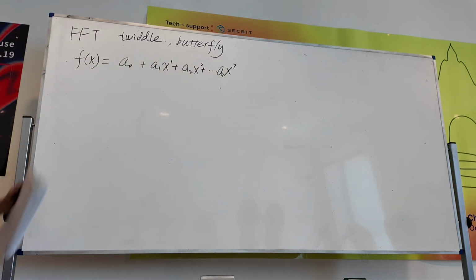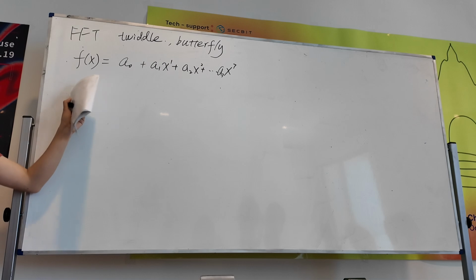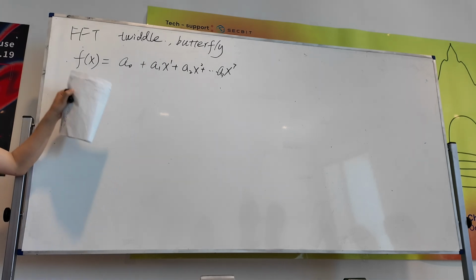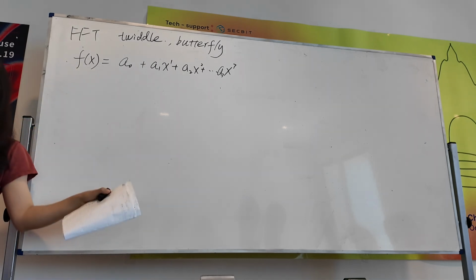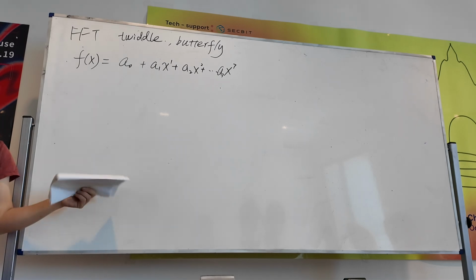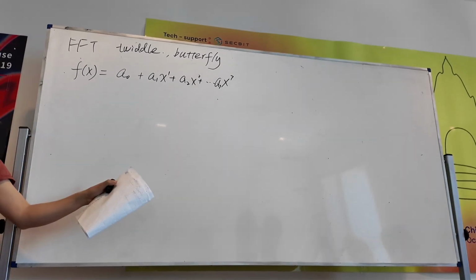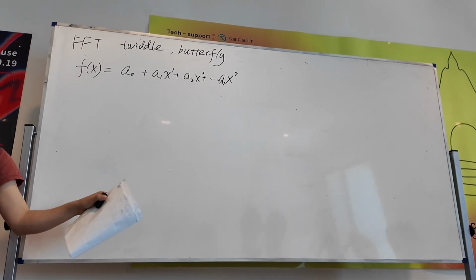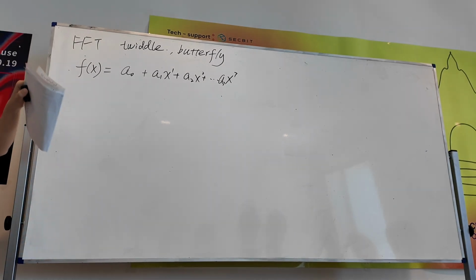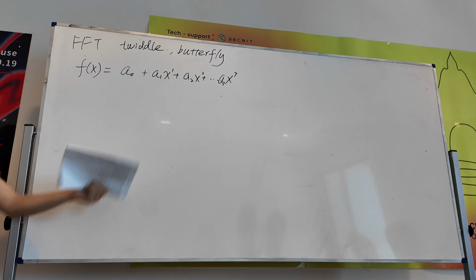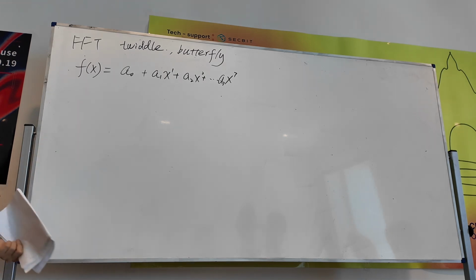So I got this polynomial. This is the representation of the polynomial by coefficients. And I want to transfer it to the evaluation representation, which means I want to choose 8 points on this polynomial and get their evaluations.